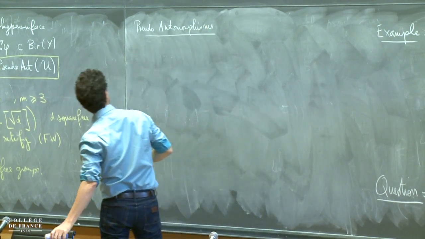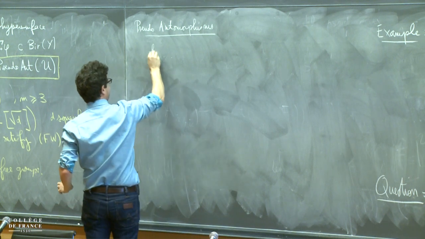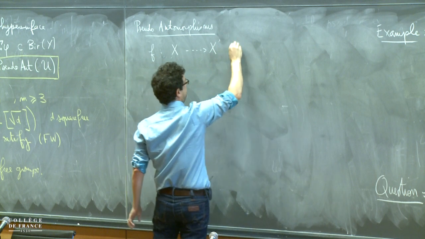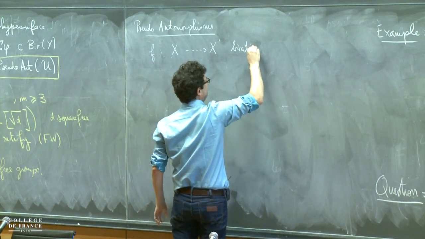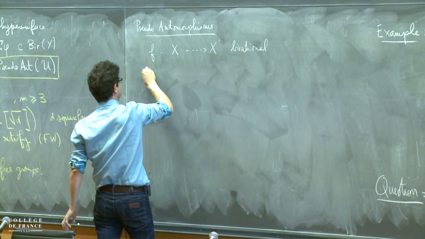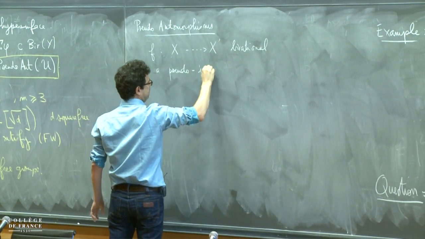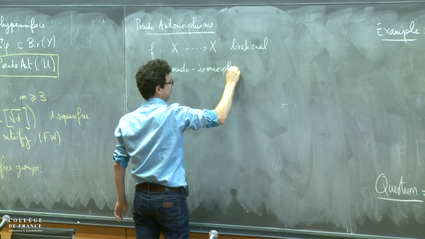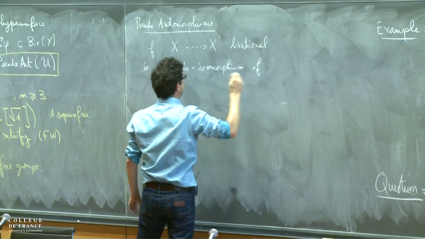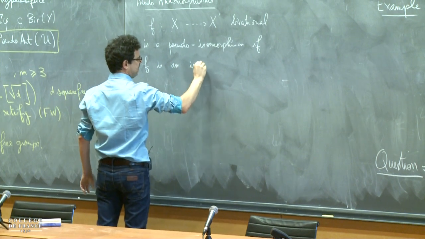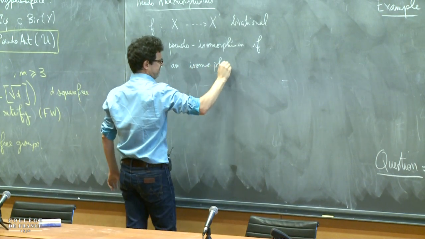So let's say f from X to X prime is a birational map. It is a pseudo-isomorphism if f is an isomorphism in codimension 1.